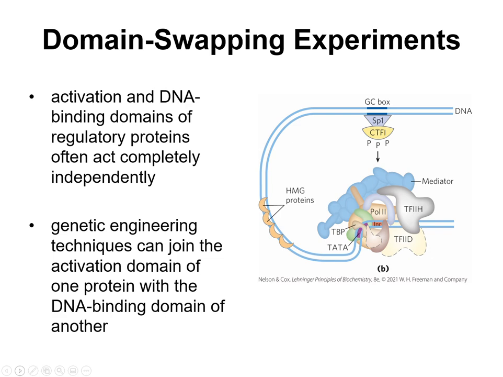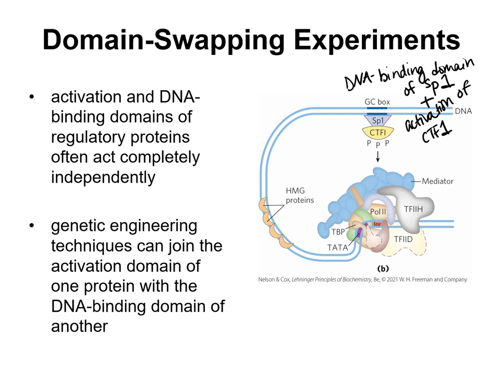So you can use genetic engineering techniques to join the activation domain of one protein with the DNA binding domain of another. So, for example, if you had the DNA binding domain of SP1 and you add to it the activation domain of CTF1, then you would get a protein that recognizes the same sequence that SP1 recognizes.